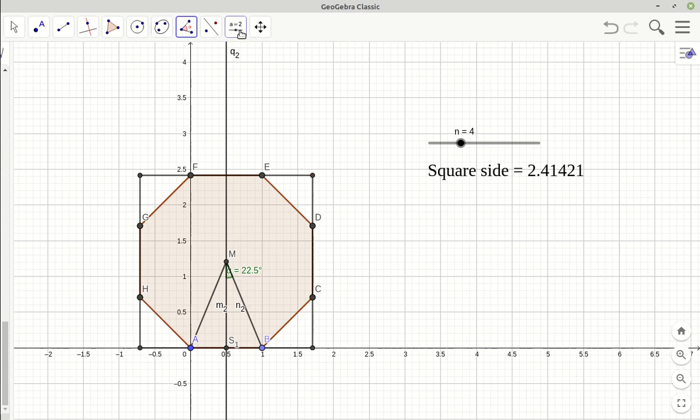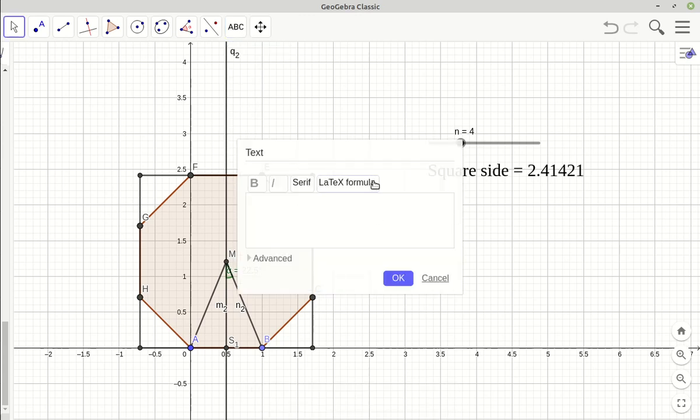So we can write that. Let's write a nice LaTeX formula. The tangent of this angle alpha is equal to the result of division of 1/2 by this height h.